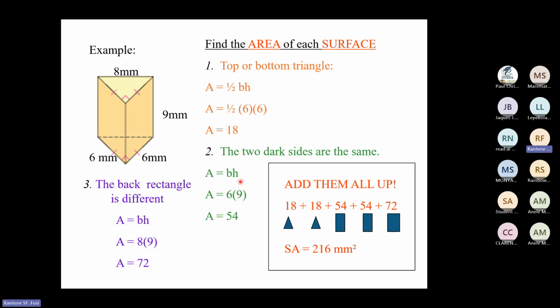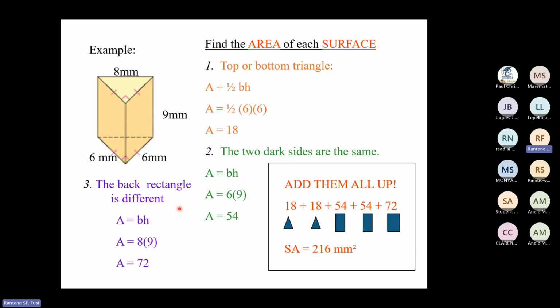Now, the second part, the back part of the rectangle, in other words, it's different. Look at how this thing looks. This part of the rectangle is the same as this part of the rectangle. It's the same, but that one is 8 by 9. The back part of this rectangle is not the same as these two.